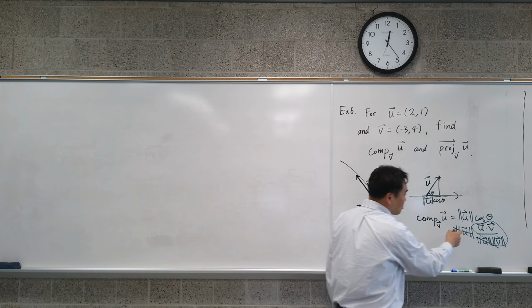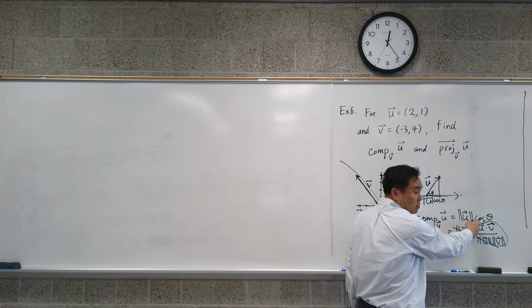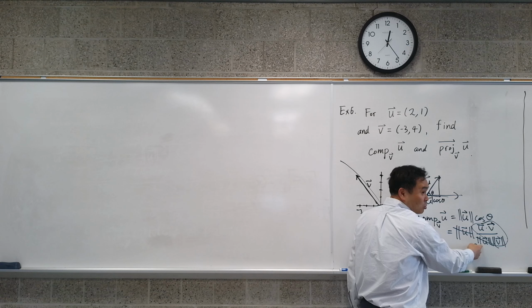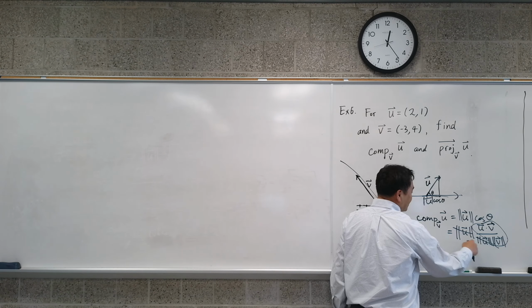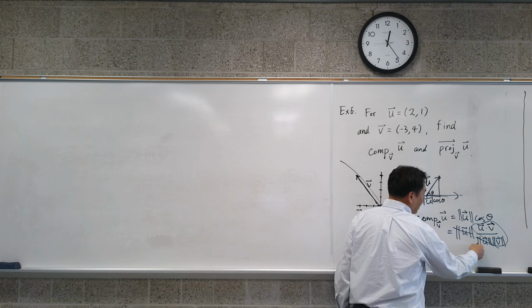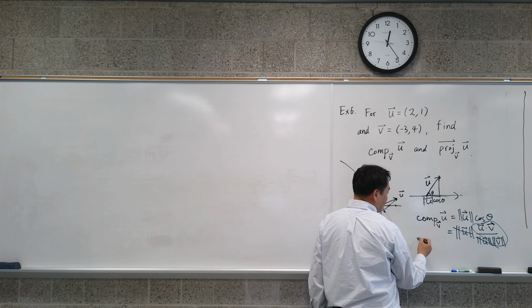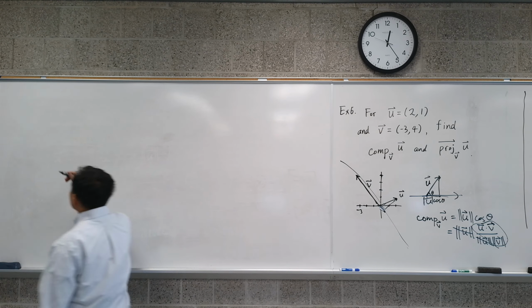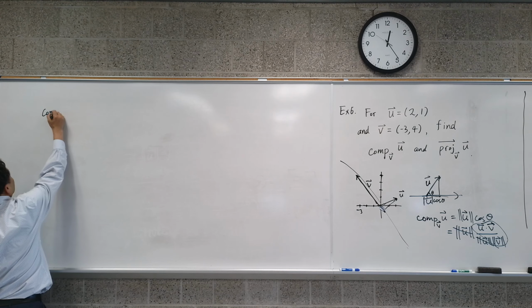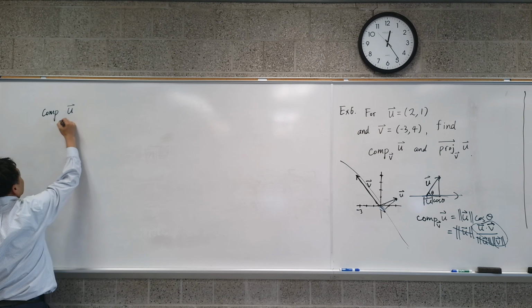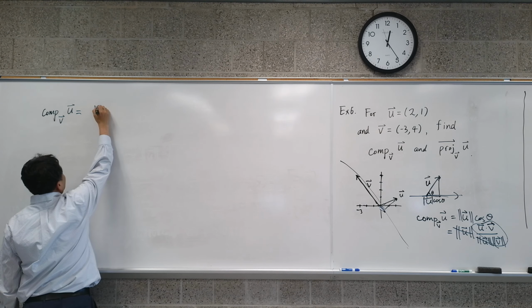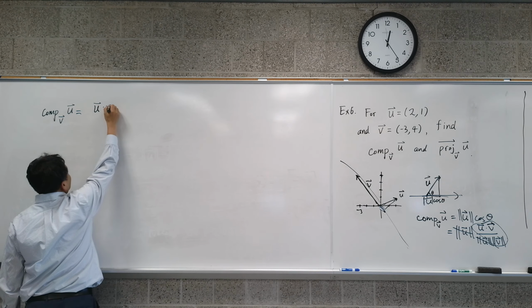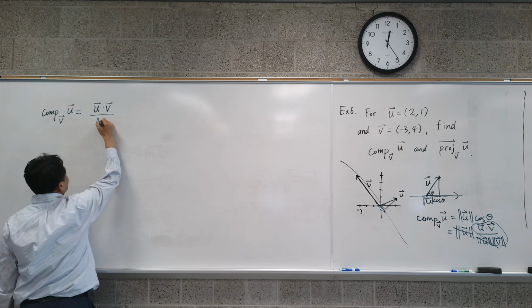And I've explained this formula before, right? Cosine theta is u dot v over norm of u times norm of v. So if you plug that in and cancel the u from top and bottom, then you get this nice formula, which is component of u in the direction of v is same as u dot v divided by the norm of v.